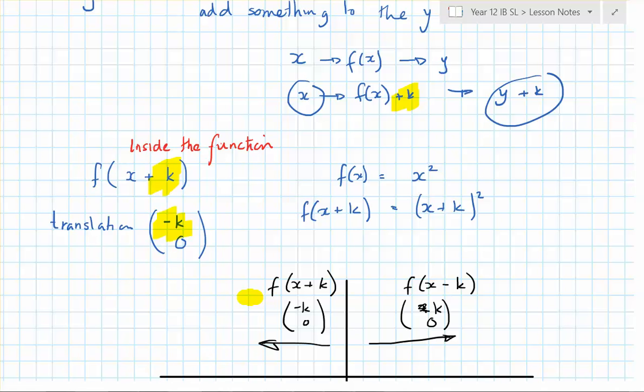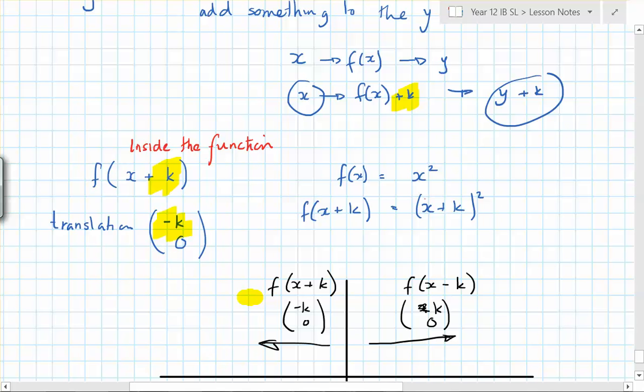Yeah, exactly. So I have to add a value to the x value, and then that whole thing gets put into the function. So the function will change depending on x, and therefore it will change the effect of k as well. So the function also affects the value that you add on. That's why we're doing it inside the function, and you can see how that's inside the brackets, it makes sense.